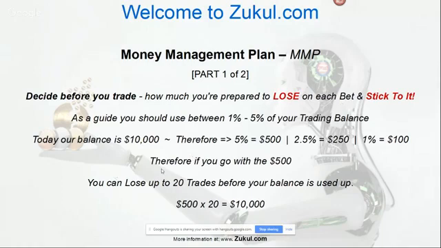Okay, so therefore, we're going to go with $500 because we're going to go with 5%. And if we went with $500, it means that we could lose up to 20 trades before we effectively use up our balance of 10,000, and that's because 20 times 500 obviously equals 10,000.